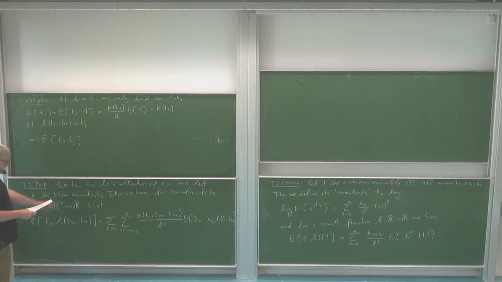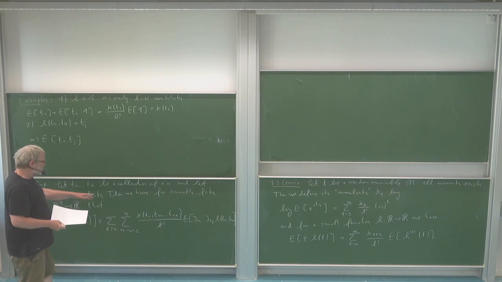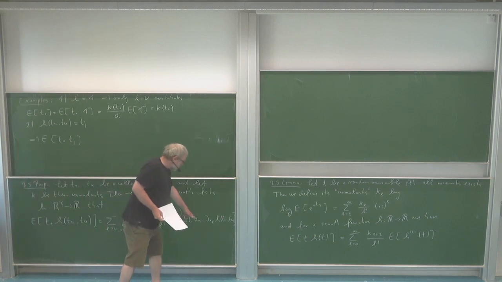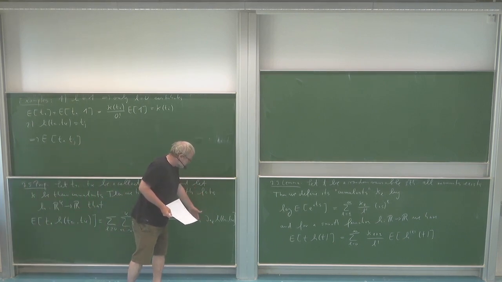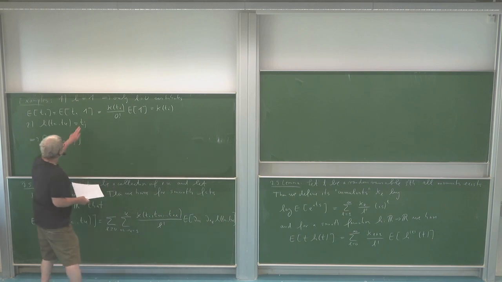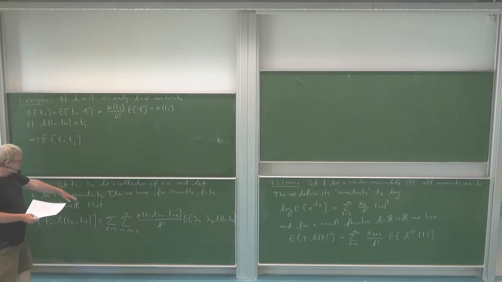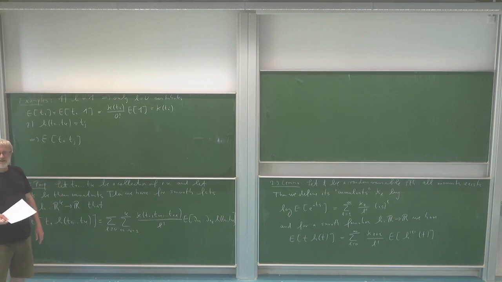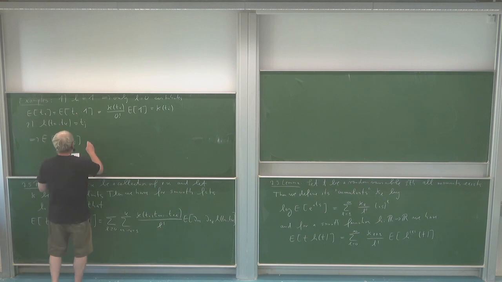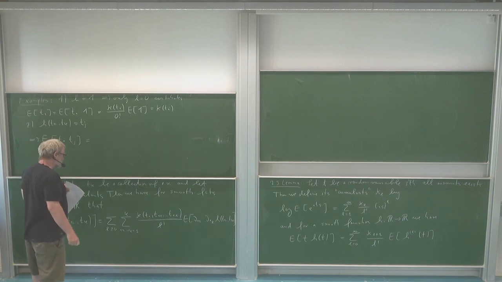And what is this formula telling me? On this side I can take no derivative, that's okay. I can also take one derivative, that's also okay. But if I take higher derivatives, they are 0. So in this sum, I only have the L equal to 0 and the L equal to 1 term.